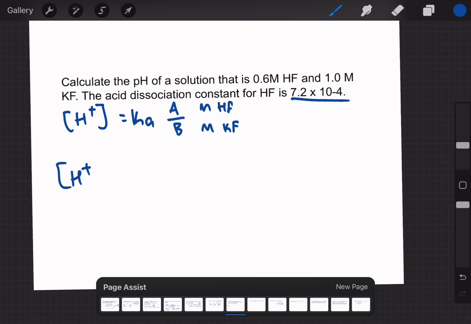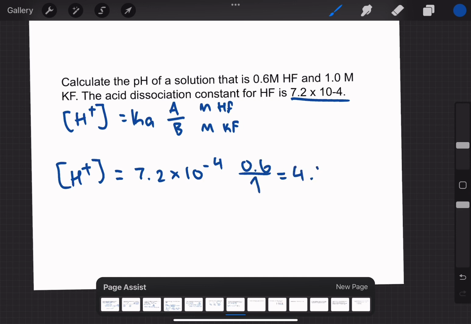You're going to do H positive equals 7.2 times 10 to the power of negative 4. And then you're going to do, as I said, HF, which is 0.6 on top, and then 1 at the bottom, which then equals out to 4.32 times 10 to the power of negative 4.